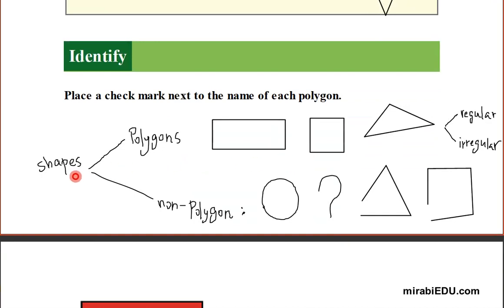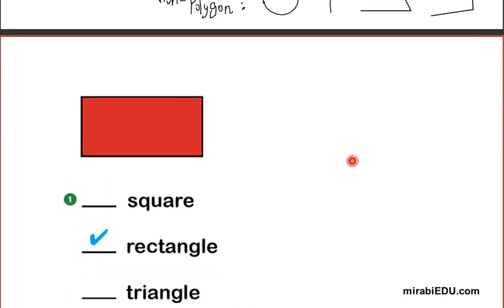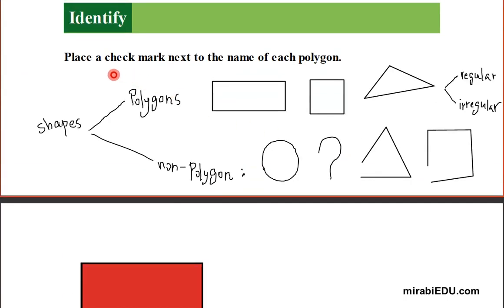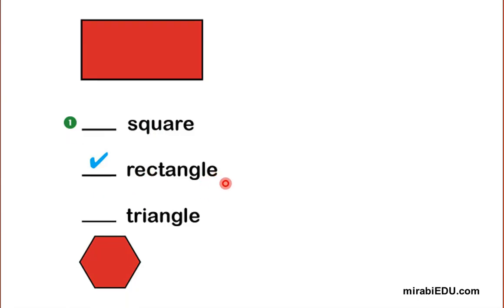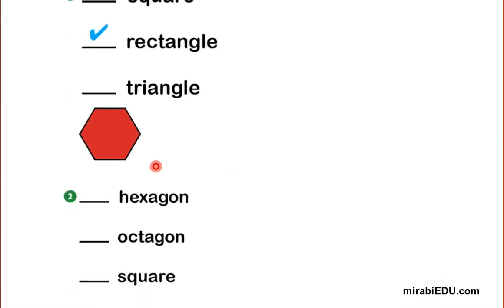So shapes are either polygon or non-polygon. When it is a polygon, it can be classified into regular and irregular polygon. So in this example, we need to check mark next to the name of each polygon. So this shape is given. We need to determine what is the name of it. So the name is a rectangle here. What is the name here?